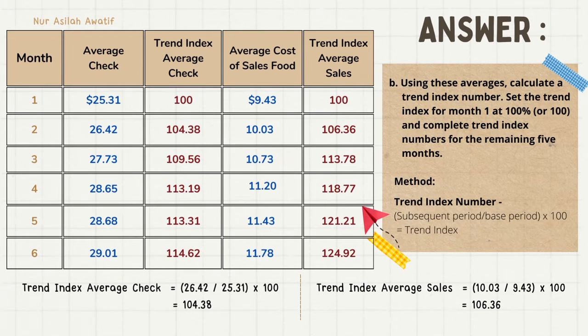Next, for the trend index average sales, we take the average cost of sales food from the second month, 10.03, divided by average cost of sale food from first month, 9.43, and times with 100, then we will get 106.36. Then you can continue for the rest of the months using the same method. That is the answer for question B.